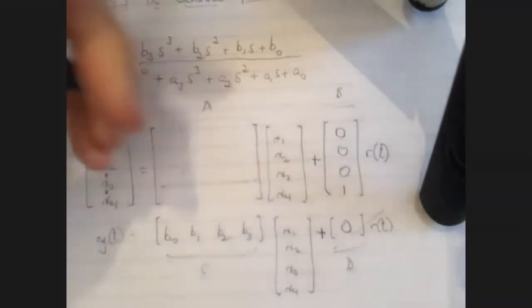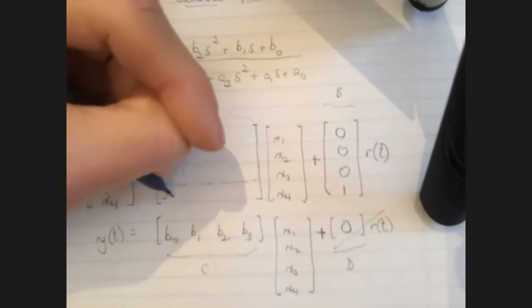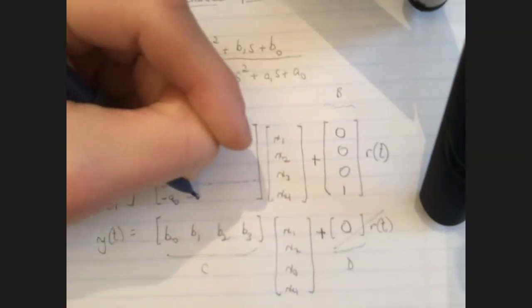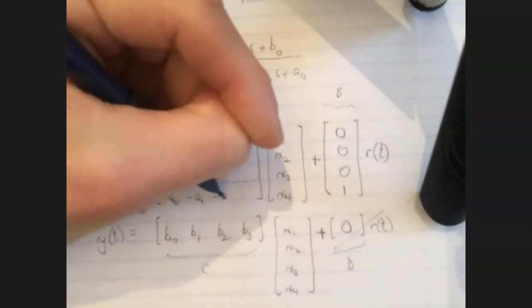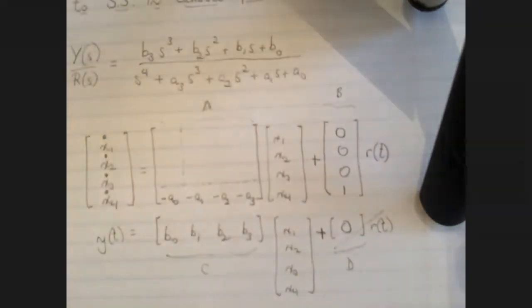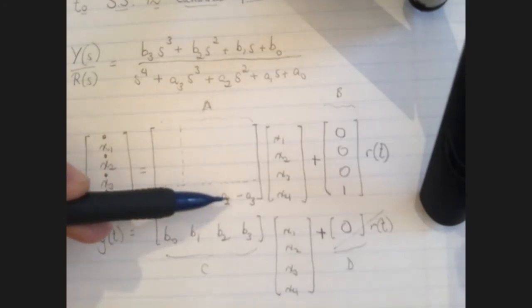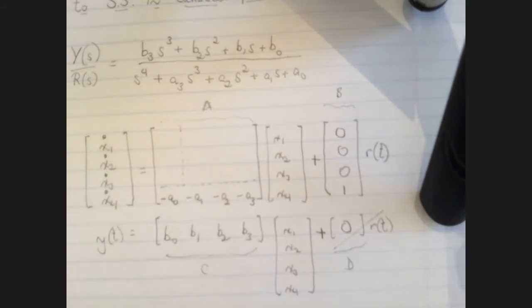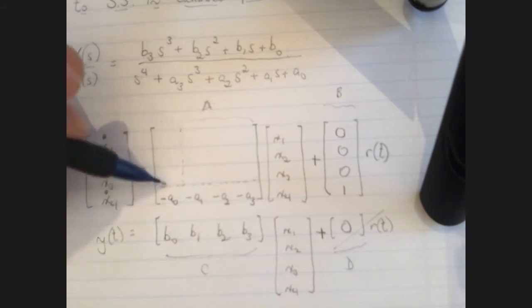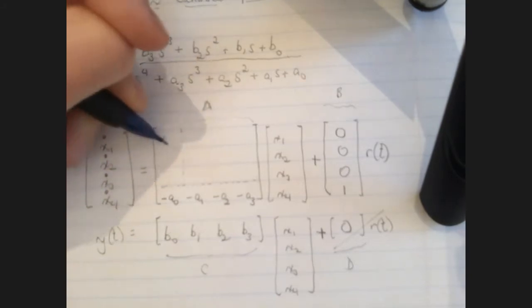So it's going to be minus A0, minus A1, minus A2, and minus A3. And then for the rest of it, this vertical is going to be all zeros.